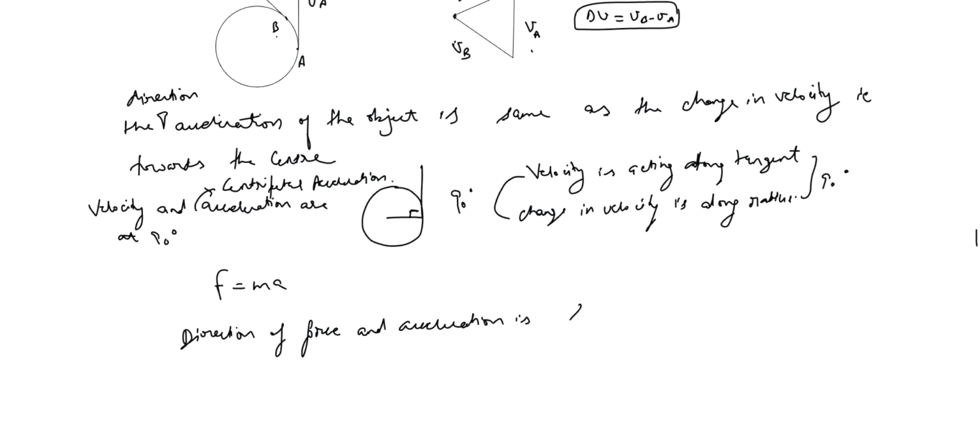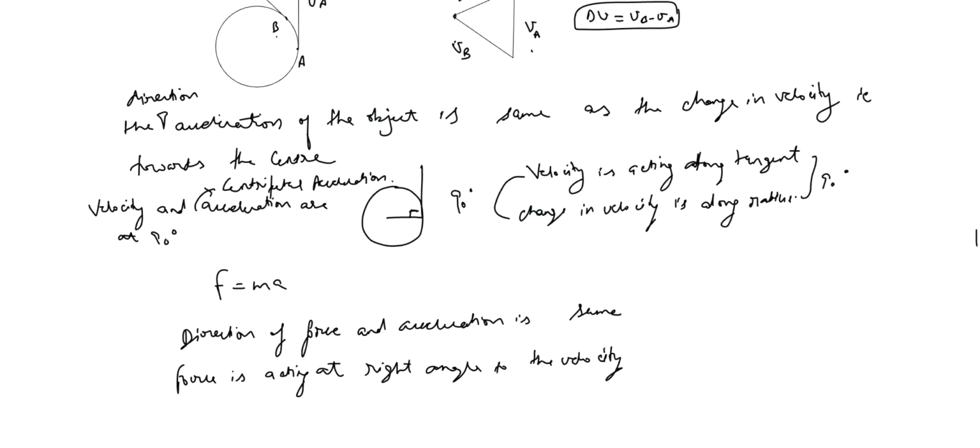So if acceleration is acting toward the center, force will also act toward the center. And if acceleration is acting at 90 degrees to the velocity, the force will also act at right angle to the velocity. Here again, we are talking about centripetal force.